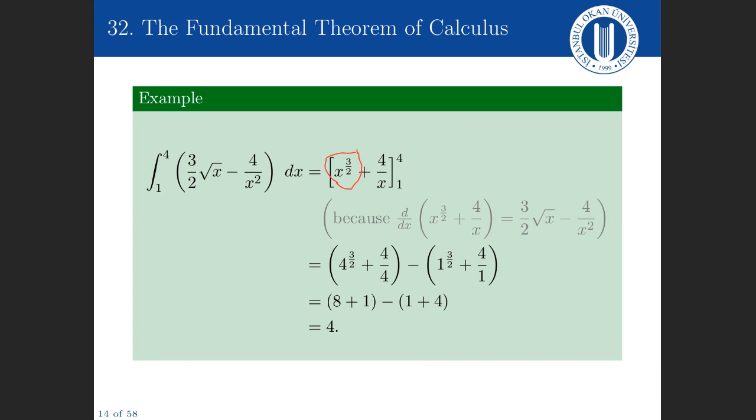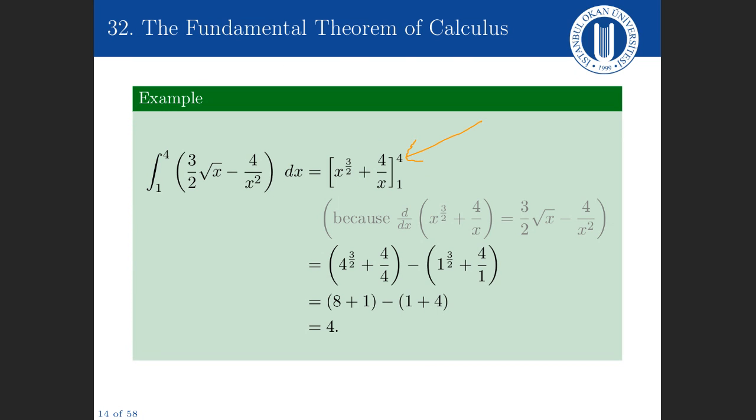And then we need an antiderivative of minus 4 over x squared. We know how to do this. We know that 4 divided by x is an antiderivative of minus 4 over x squared. So we're calculating x to the power 3 over 2 plus 4 over x between 1 and 4.